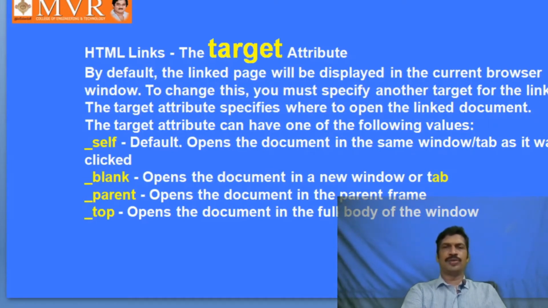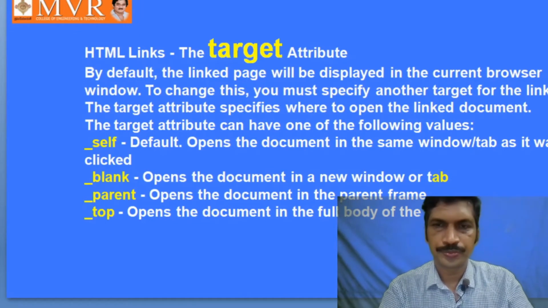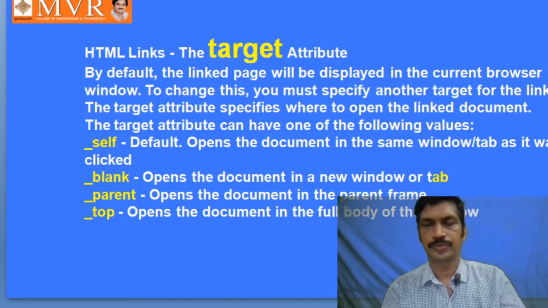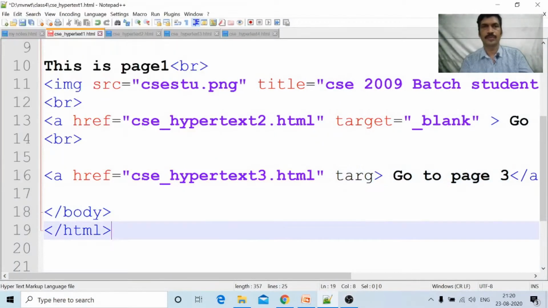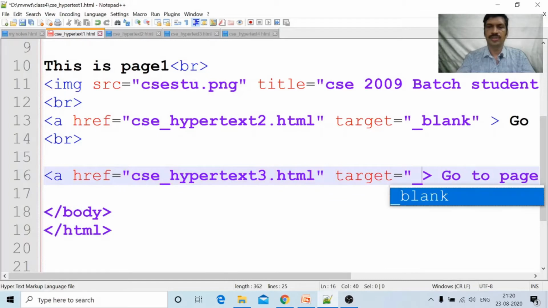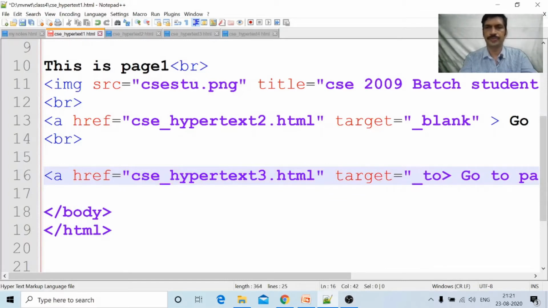The same style, how to write the top attribute? Here target equal to _top, target equal to _parent, target equal to _self.